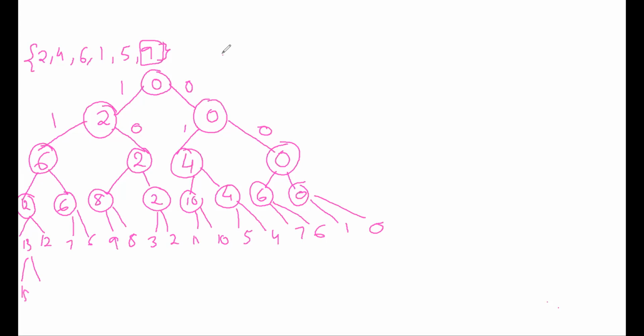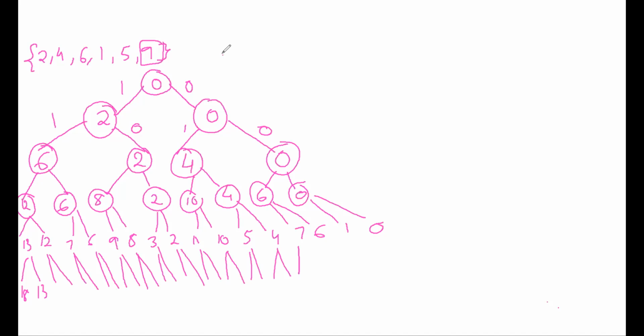So 18 and 13. I'll not write numbers. That's not going to give me the solution. So this is just the leaf node. This will again not give me the solution. Here 5 will give me 6 and 1.